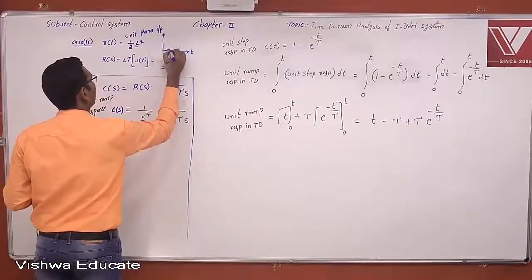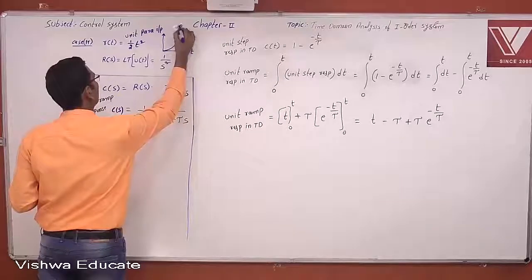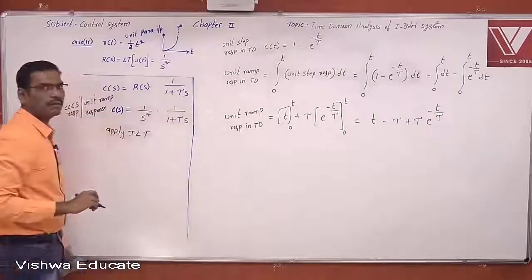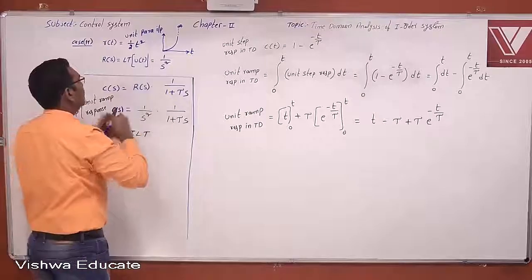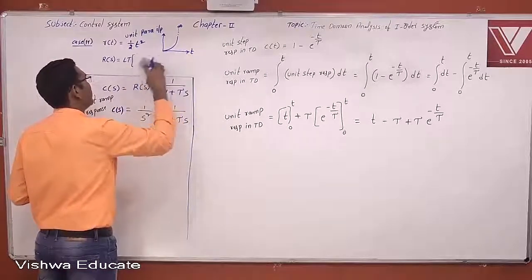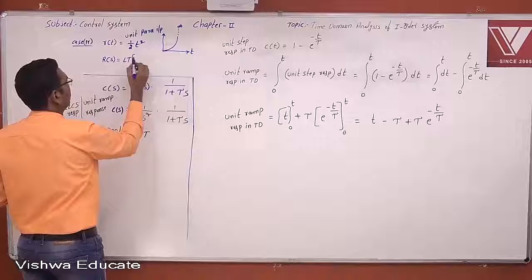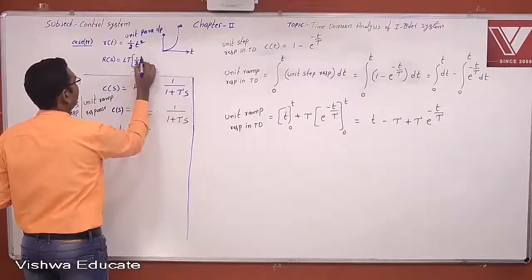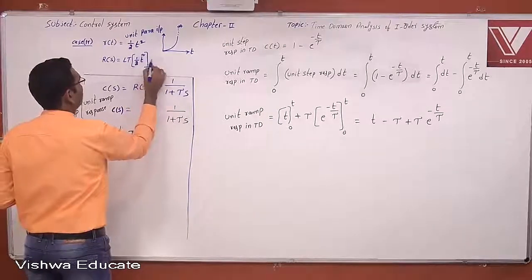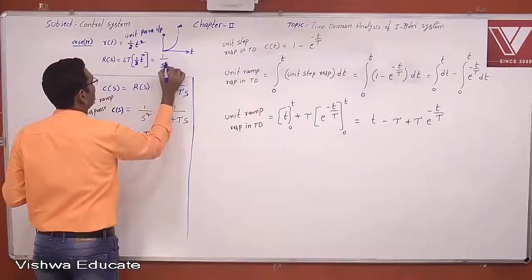This is also an unbounded input, which is not used, only for theoretical calculations. Okay. Now, R of s is Laplace transformation of 1 by 2 into t square, which is equal to 1 by s cube.